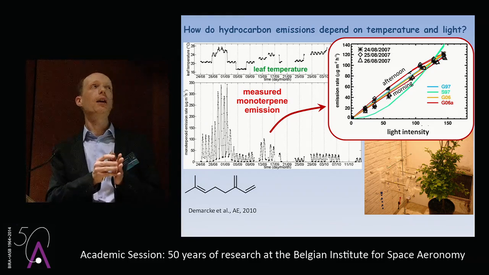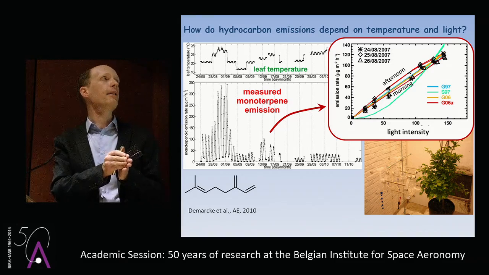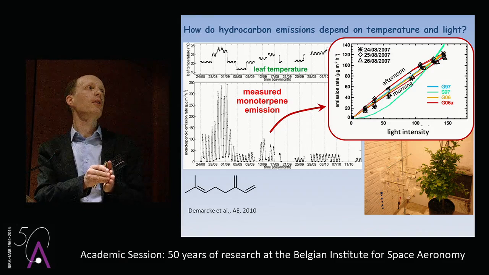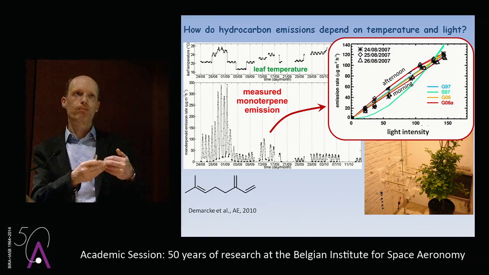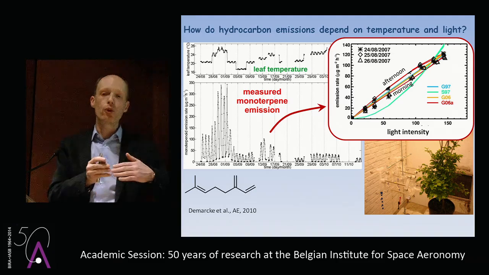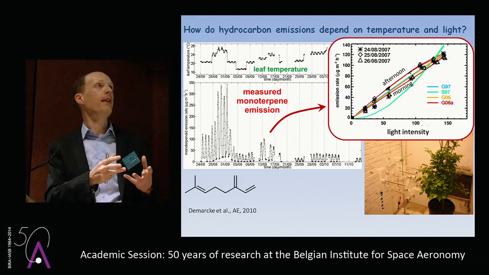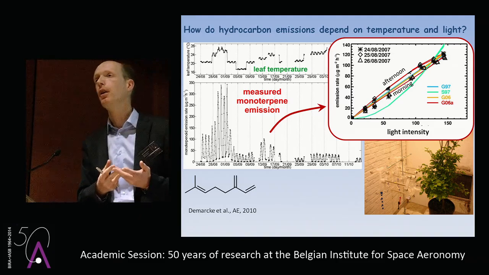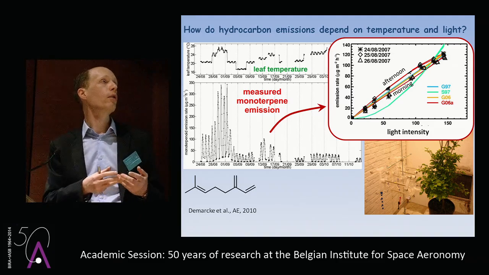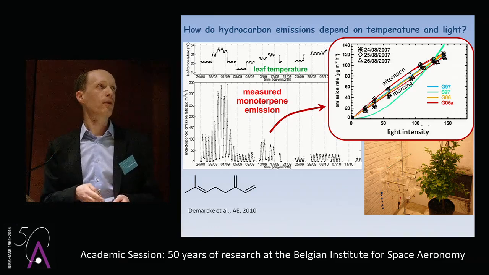That is to say, it is not just the instantaneous light and temperature conditions which determine the emissions, but it's also the past conditions. So it's like the plant has to adapt to the prevailing environmental conditions.